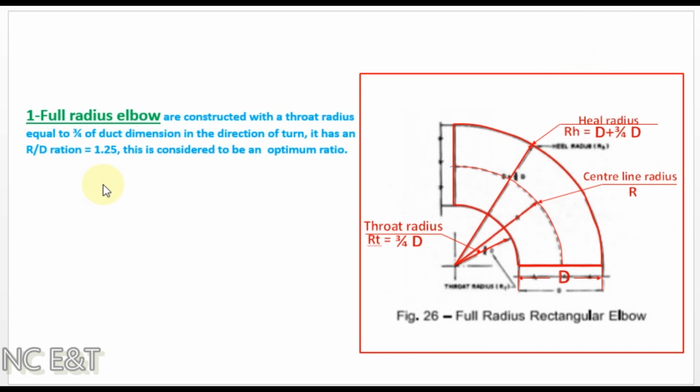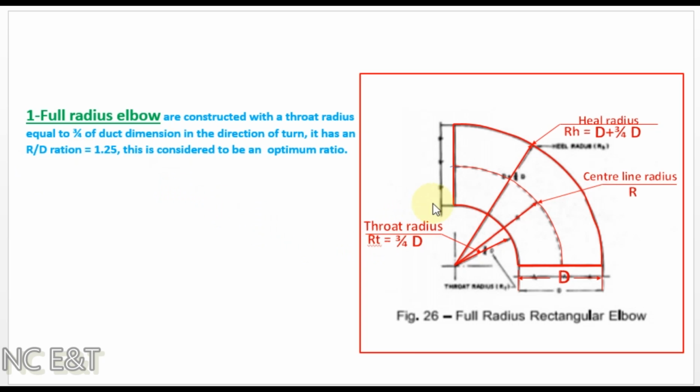Full radius elbows are constructed with a throat radius equal to 3-4 times the duct dimension in the direction of turn. It has an R/D ratio equal to 1.25 and this is considered to be an optimum ratio.